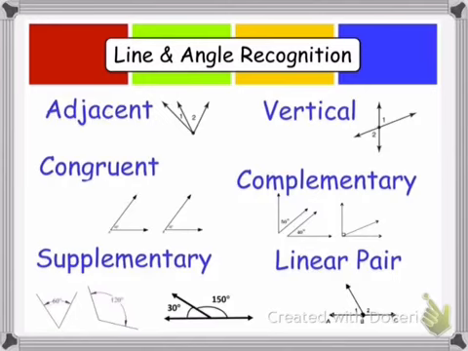Adjacent angles are sharing a side. A side is one of the rays. It shares one of the rays. So if I look at this angle 1 and angle 2, they share this ray in the middle. So those are adjacent. They're next to each other. If you want to think about that, next to.